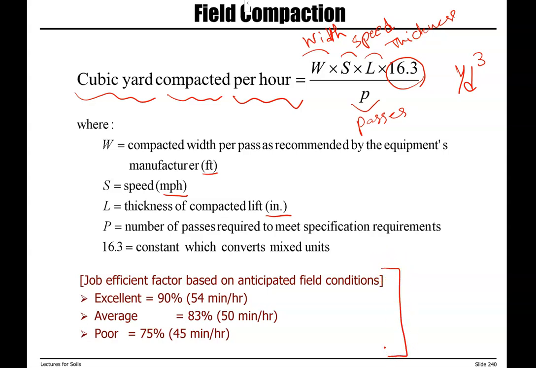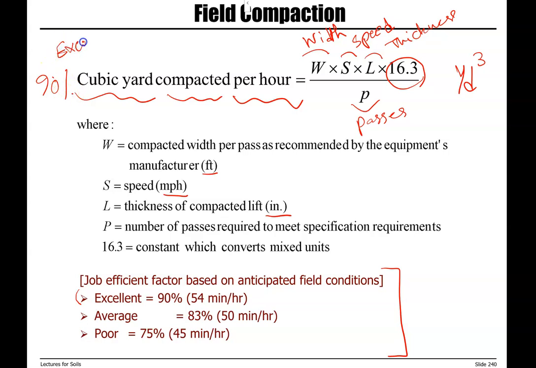We never achieve the number that we get from this calculation. There is an efficiency factor. If the job condition is described as efficient or excellent, then we achieve 90% of this number.